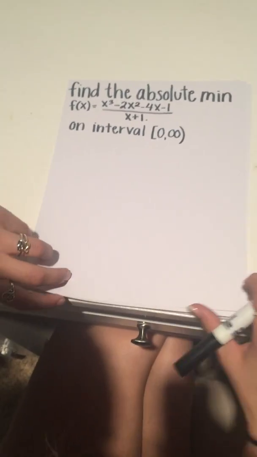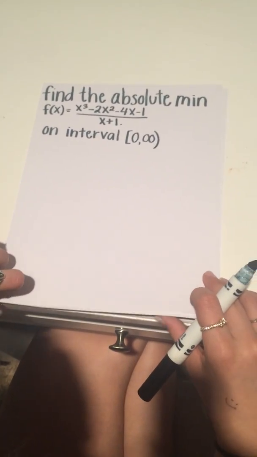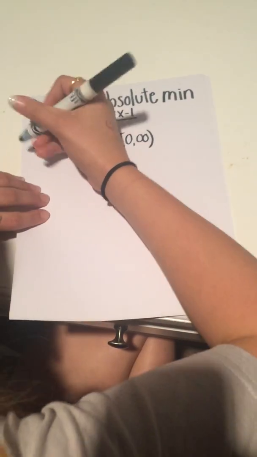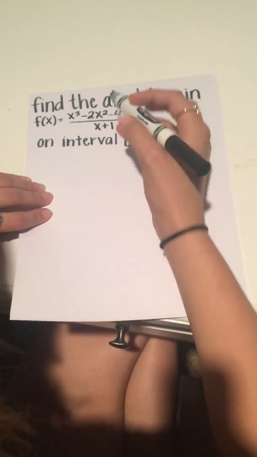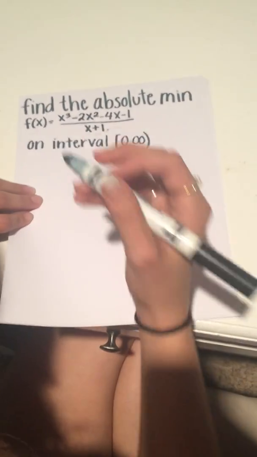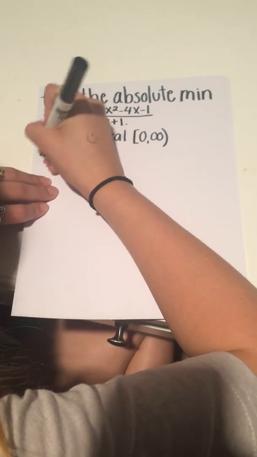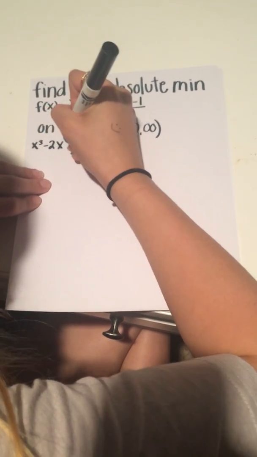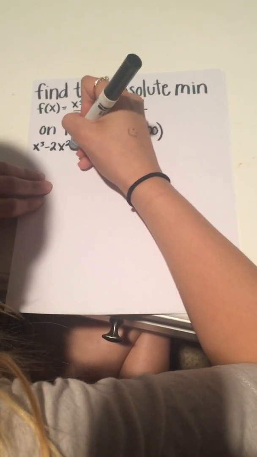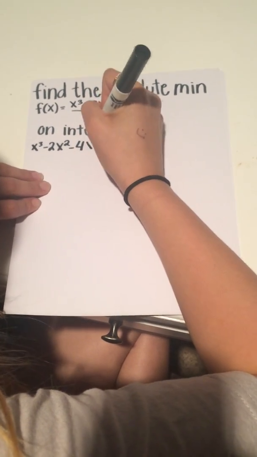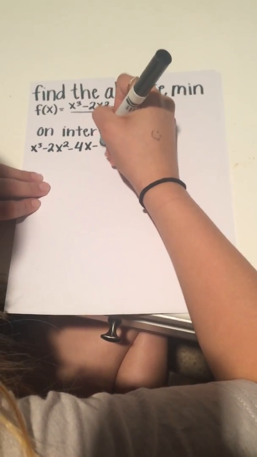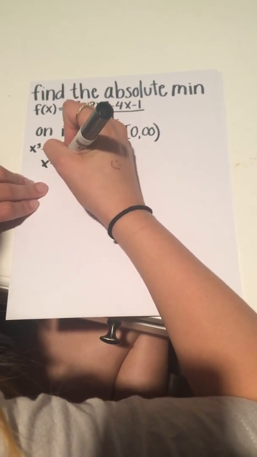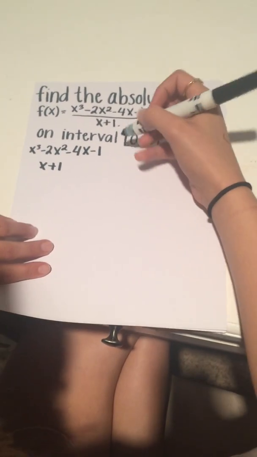Okay, first we need to find the derivative for your mins and maxes. So we're going to take the derivative. Here we need to use the quotient rule. So we're going to have our x to the third minus 2x squared minus 4x minus 1, and then x plus 1, and then the derivatives.